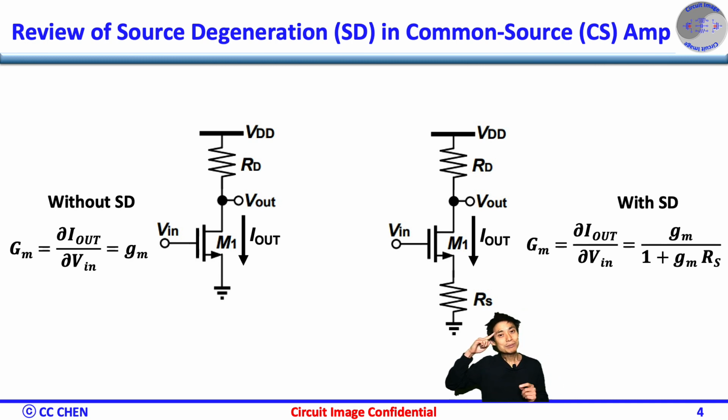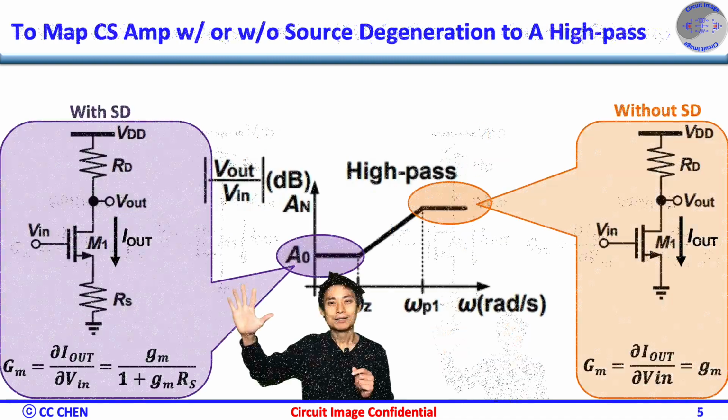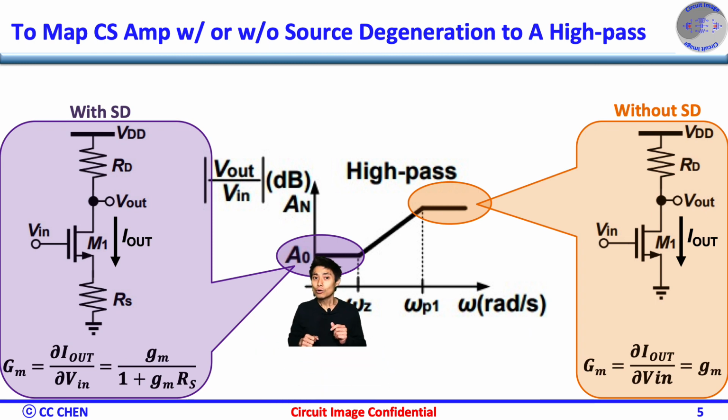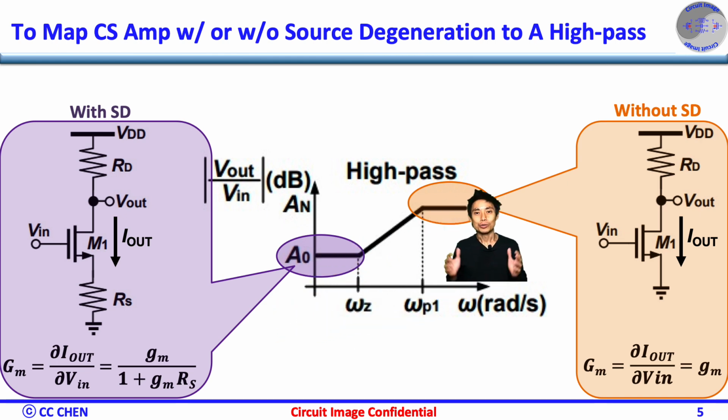Think about the gain at DC and at high frequency for 5 seconds. Bingo! We want a smaller Gm at low frequency, which is exactly the common source amplifier with source degeneration. We also want a greater Gm at high frequency, which is exactly the common source amplifier without source degeneration.